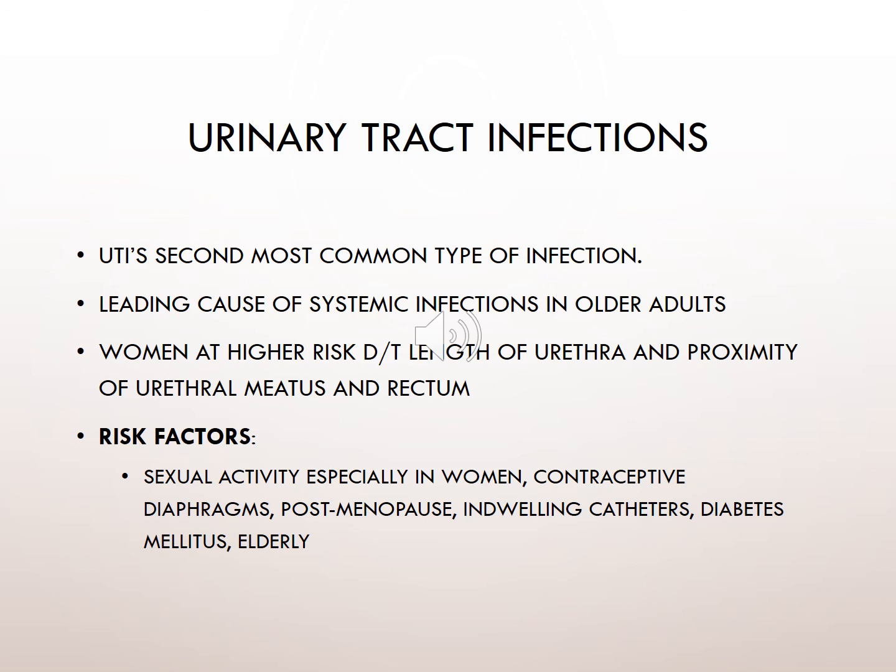Risk factors include sexual activity, especially in women, and those that use contraceptive diaphragms. The postmenopausal woman seems to be at more risk for a UTI, as well as those that have indwelling catheters. And then diabetic patients and our elderly are more at risk for urinary tract infections.